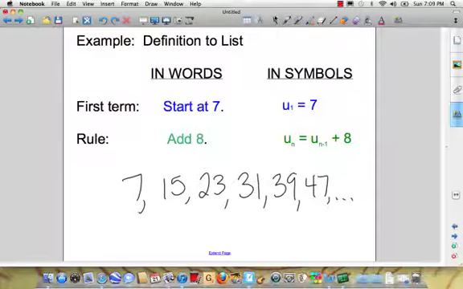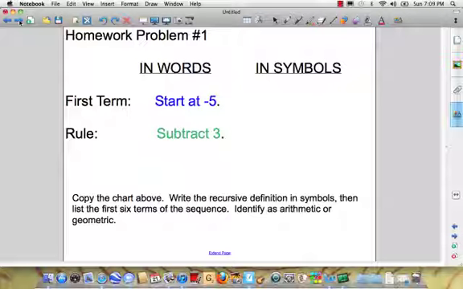Alright, so hopefully that makes sense because I now have a homework problem for you to do that is quite similar. So for the first homework problem, I've given you the definition in words. I told you in words what the first term is and what the rule is to get each subsequent term. What I'd like you to do is copy the chart and then translate the words to symbols.